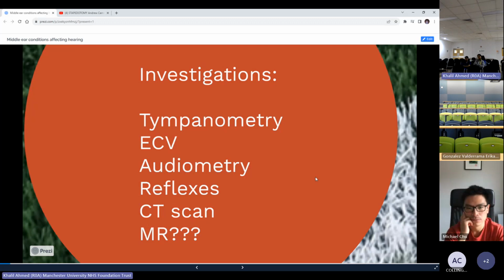So with a type A tympanogram, you've got less than 3% chance of finding fluid in the middle ear. And with a type B tympanogram, you've got 97% chance of finding fluid in the middle ear. And with a type C2 tympanogram, you've got 70% chance of finding fluid in the middle ear. So that's why tympanometry is quite useful.